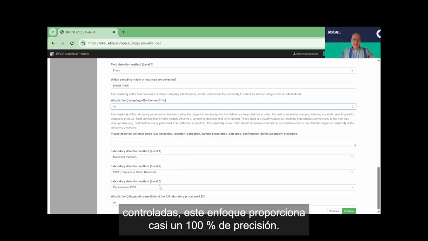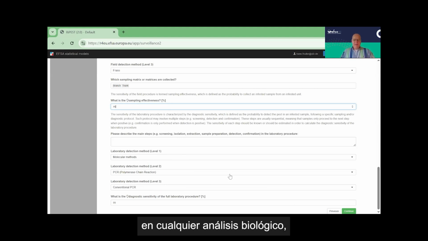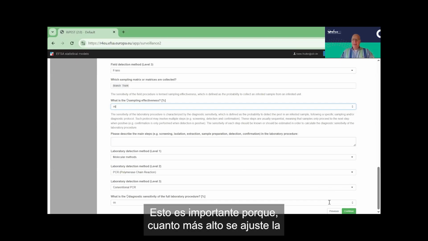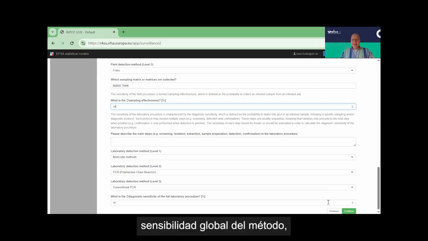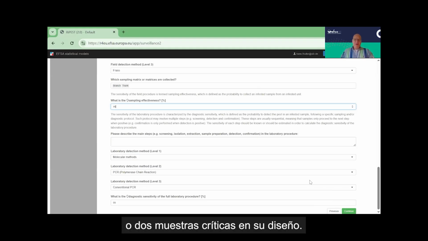And with that, it's quite clear that we have nearly 100%, but having respect for the biological imprecision of everything we do in biology, 99 is a safe assumption. This is important because the higher you are putting your sensitivity of the methods together, the fewer samples are taken. And if the assumption was too optimistic, you will miss one or two important samples in your sample design.